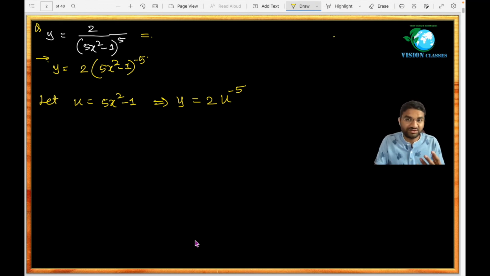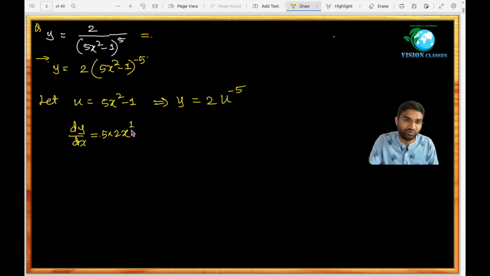This is what we will get after simplification, right? Then again you have to use d by dx of x raised to n, which is equal to n x raised to n minus 1. So here apply this rule, dy by dx is equal to 5 times 2x raised to just a 1, so it will be just 10x.